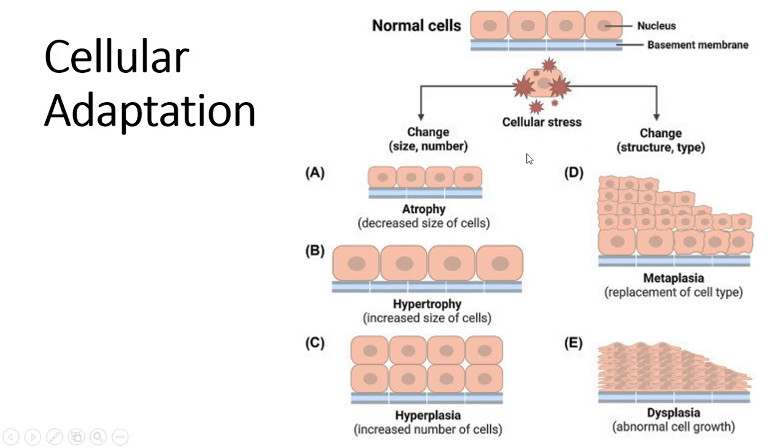Here, for example, there will be atrophy. Atrophy is shrinkage of cell size. It can happen for many causes.